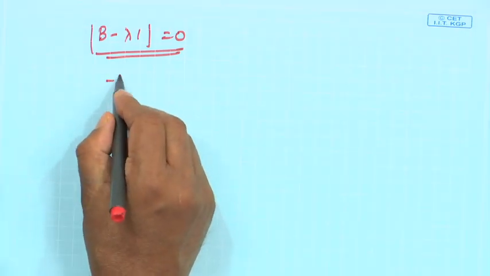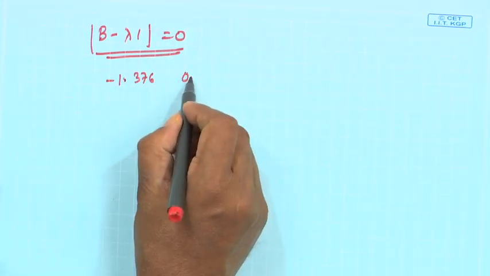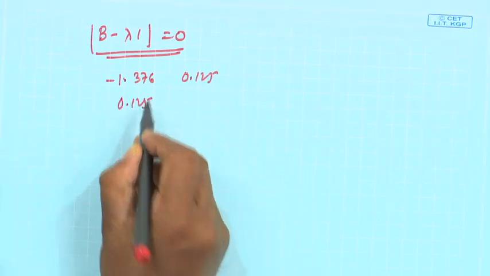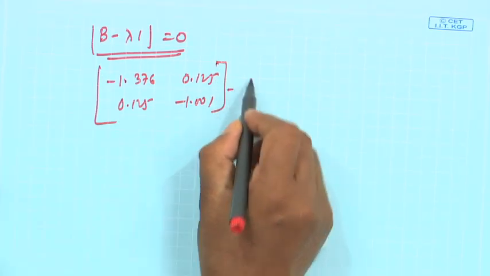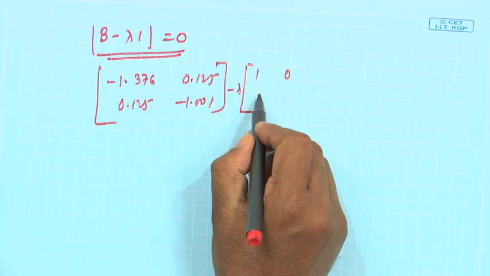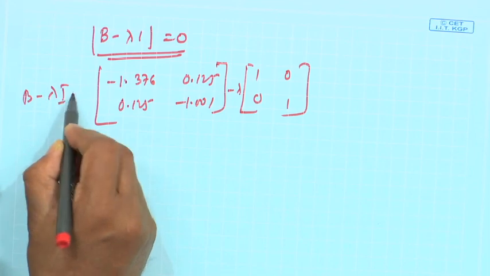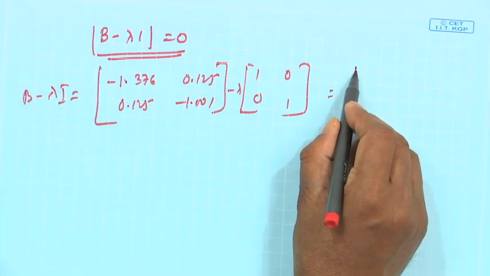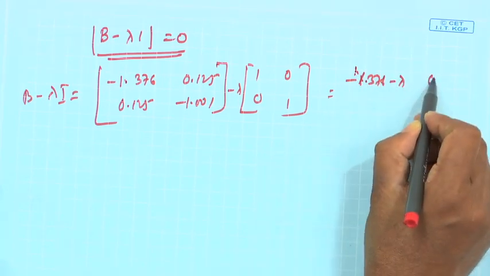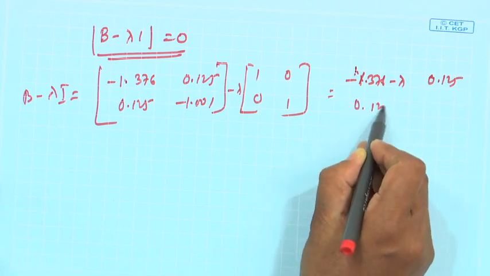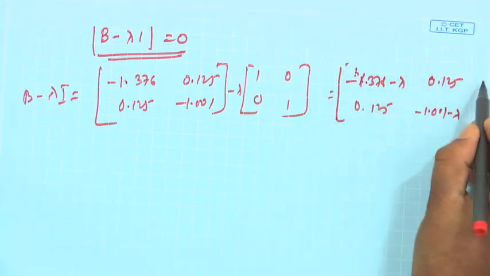Your B is minus 1.376, 0.125, 0.125, minus 1.001, and this minus lambda I. So, B minus lambda I is equal to minus 1.376 minus lambda, 0.125, 0.125, minus 1.001 minus lambda. So, this is my matrix.